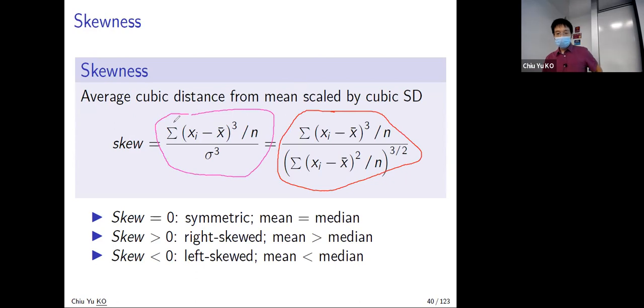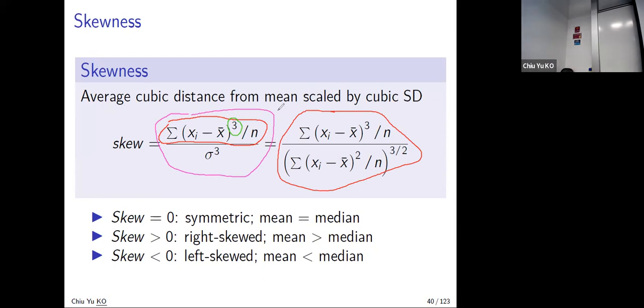So look at the numerator. The numerator actually looks familiar if you are not afraid of math. Look at this particular green one, the red numerator.